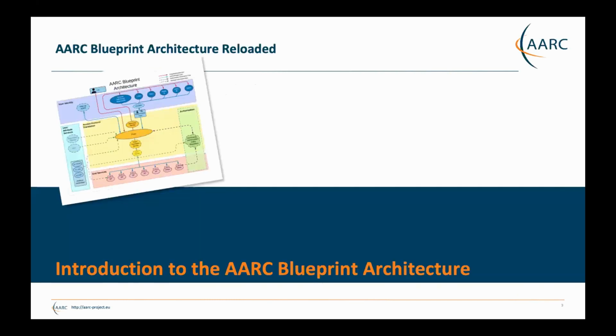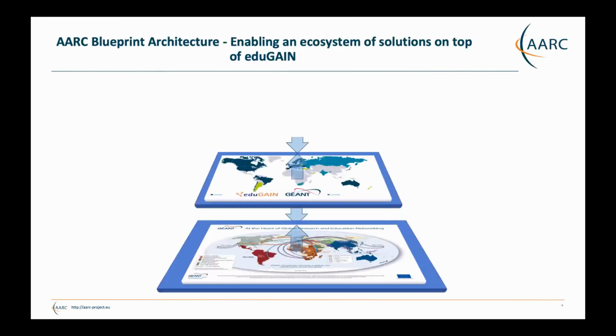session. So what is the problem that AARC is addressing? Researchers need to access and share resources in order to collaborate together. Individual researchers can already use their institutional account, thanks to EduGain, to access thousands of resources available to their own organization.